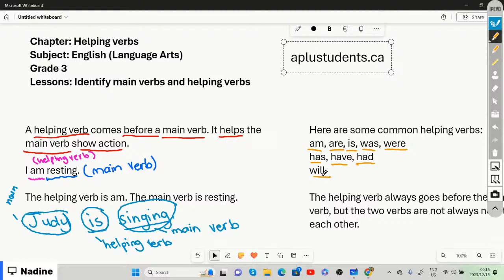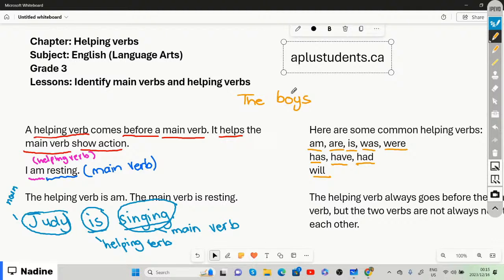So now if I write a sentence, let me make a sentence with more than one person in it. If I say the boys, so the boys are plural, right?